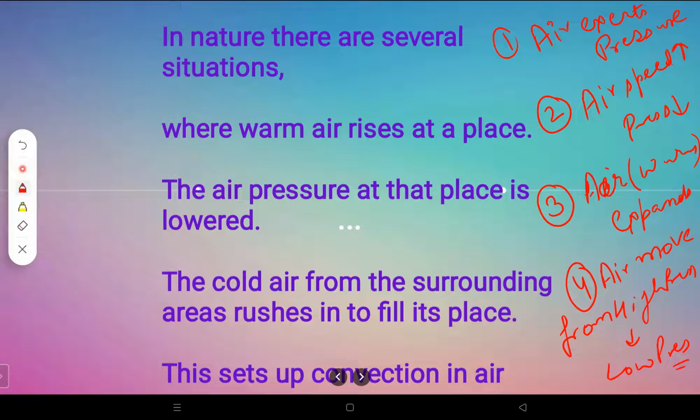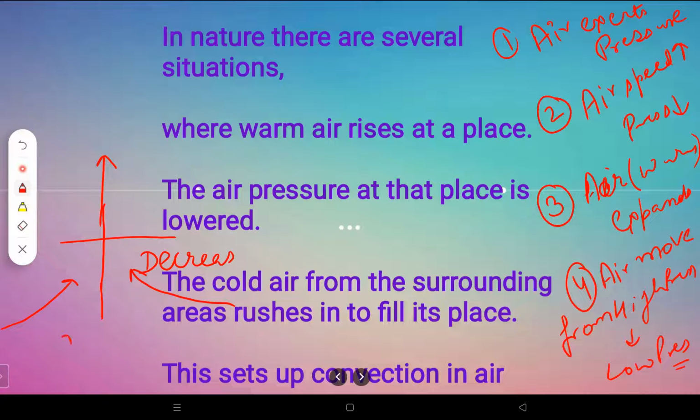When warm air rises up from this region, the air pressure at this place decreases, due to which the cold air from the surrounding area rushes in to fill its place. This setup is known as convection.